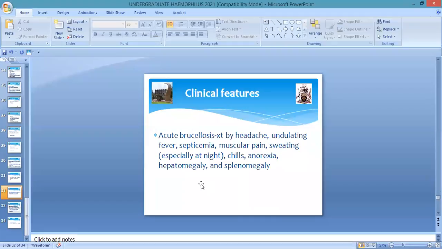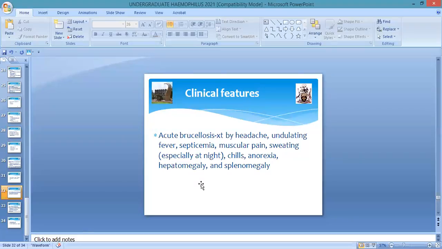So in terms of the clinical manifestation, brucellosis usually varies widely from asymptomatic infections to sometimes very serious disease. For most of the infection, the person may present with headache.